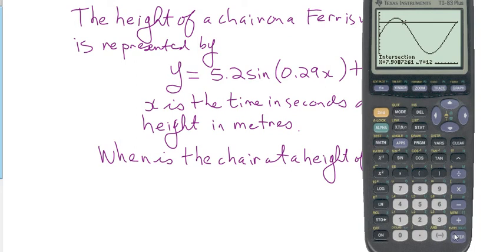Okay, so it's at 12 meters at a time of 2.9 seconds and at a time of 7.9 seconds. And it's at or above 12 meters for a duration of 5 seconds. So during your ride, you'll be up here at or above 12 meters for a total of 5 seconds.